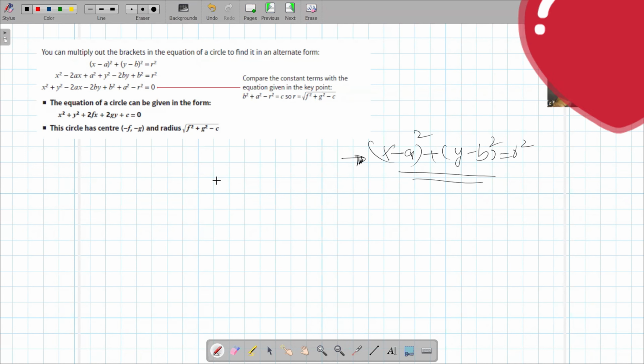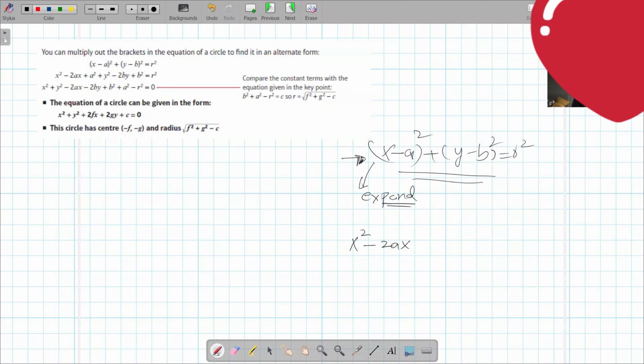Another form is the general form. He's not calling it by names, but in different texts people call it by these titles. That one is the standard form, another is the general form. So what is the general form? You can determine it from this equation as well. You can expand this by the formula (a minus b) whole squared: x squared minus 2ax plus a squared.